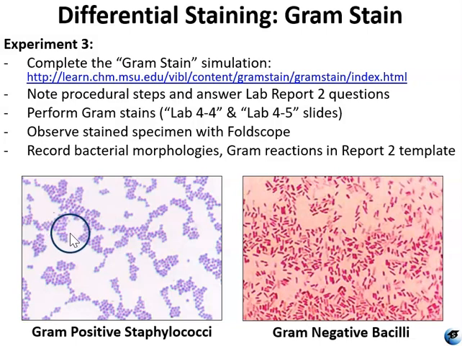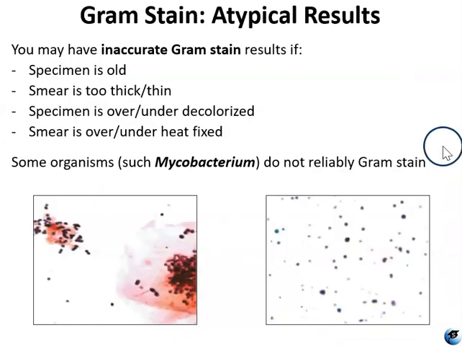You should see purple Staphylococcus cells. This would be gram-positive Staphylococcus, and you should see pink bacilli, gram-negative bacilli. In general, an atypical gram stain can result if you have a specimen that's old, if your smear is too thick or too thin, if you have under or over decolorization or under or over heat fixing.